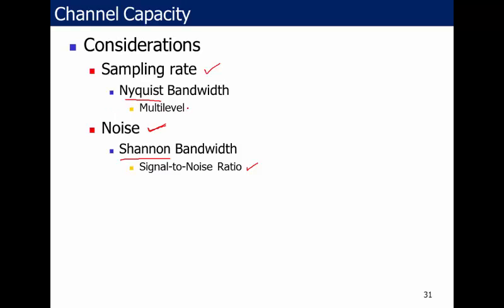For sampling rates, multi-level is useful. What is the level in wireless communication? When the device generates signals, it doesn't generate only 5 volt signals, 0 or 5. It can generate, depending on the message, 5 volts, 10 volts, 15 volts, 20 volts, 25 volts.